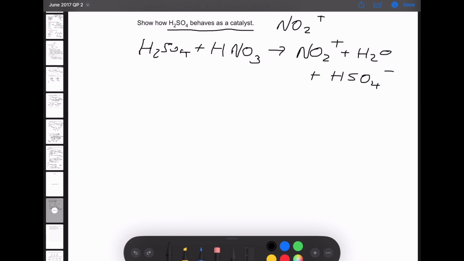So now we have our NO2+, so we take our benzene ring, and we take our NO2+, and because this is a positive ion, the electron pair are going to donate to it.